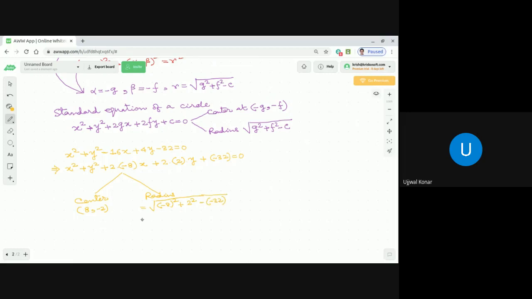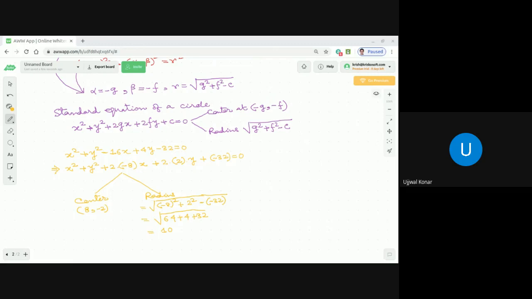And if you work it out, this becomes square root of 64 plus 4 plus 32, so that is equal to 10 units. Okay, dear students, this is the way we can find the radius and the coordinates of the center from the standard equation of a circle.